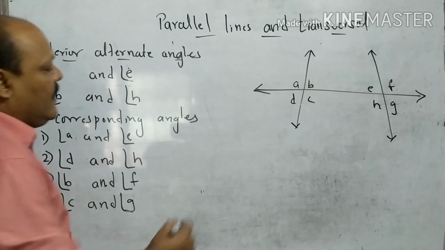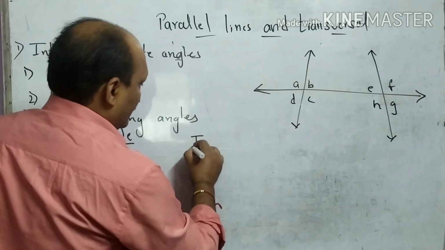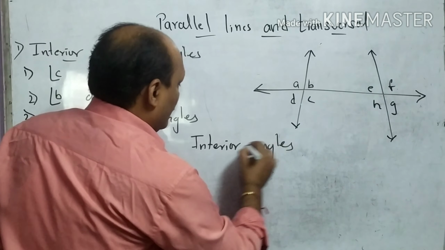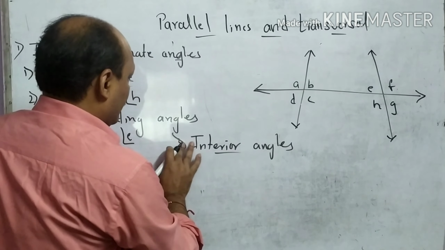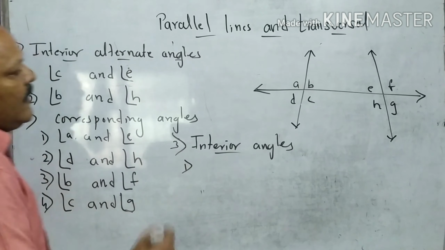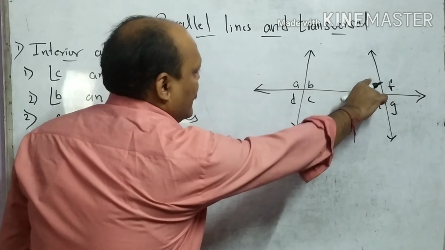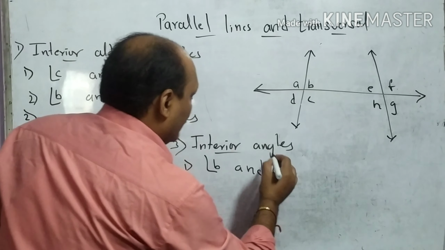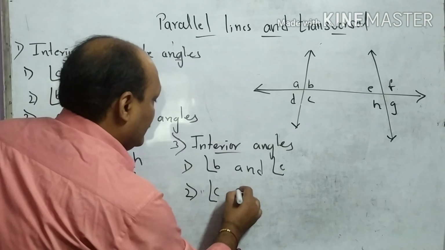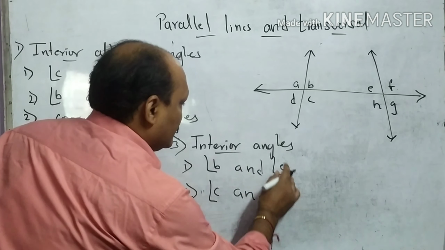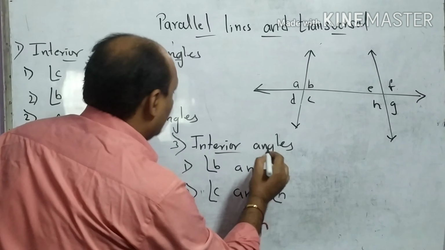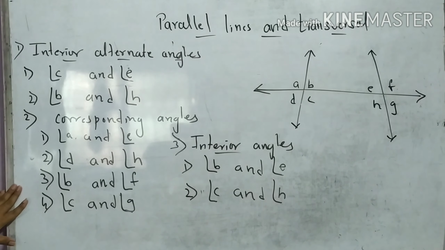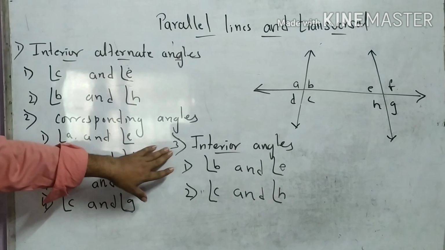In this question, interior angle is also asked. I am writing here interior angle, the third one. Interior angle forms a C. That means the interior angle of angle B will be angle E: angle B and angle E. Second one, angle C and angle H. That means there are a total of two pairs of interior alternate angles, four pairs of corresponding angles, and third, interior angles.